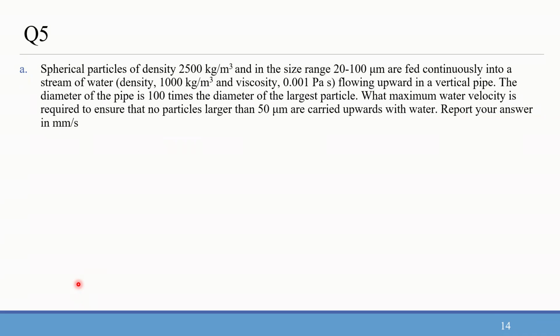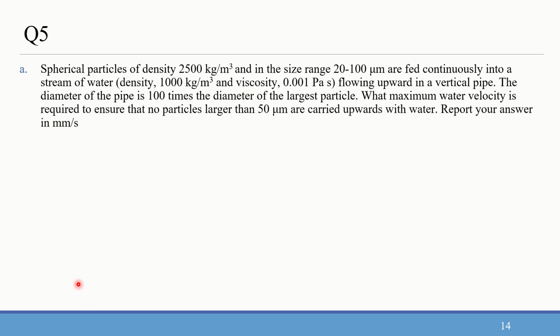Diameter of pipe is 100 times the diameter of the largest particle. What is the maximum water velocity required to ensure that no particles larger than 50 micrometer are carried upwards with the water? Report your answer in meters per second.